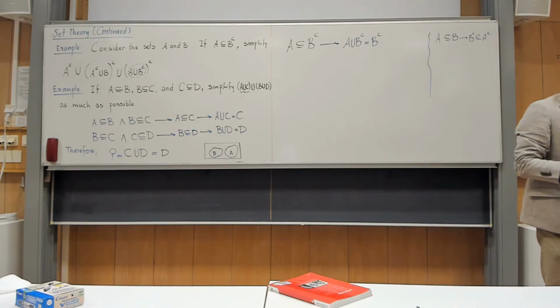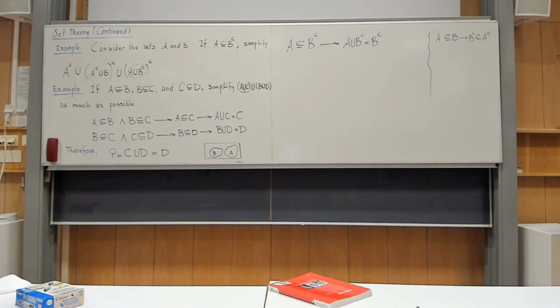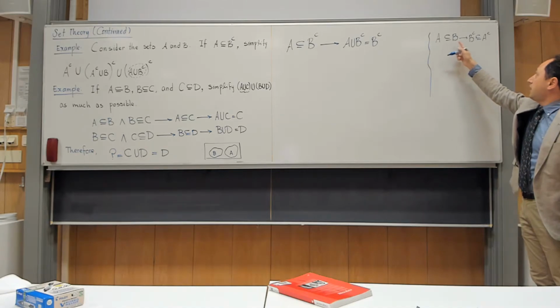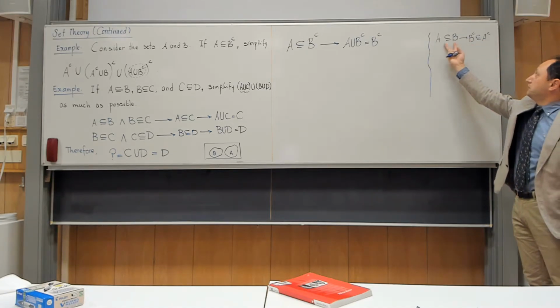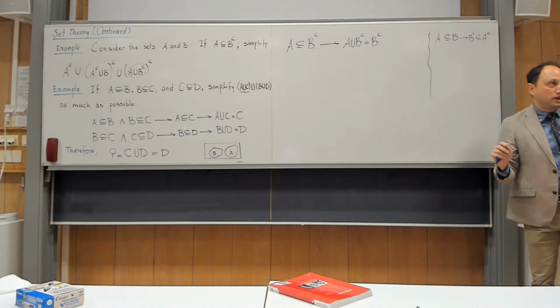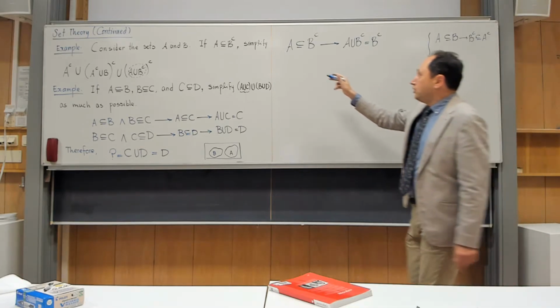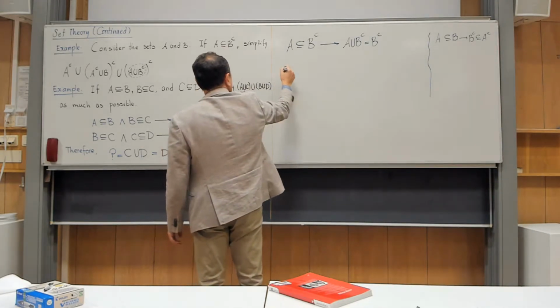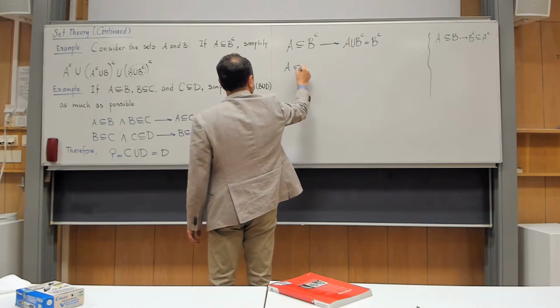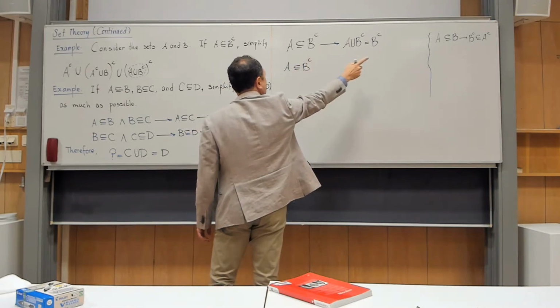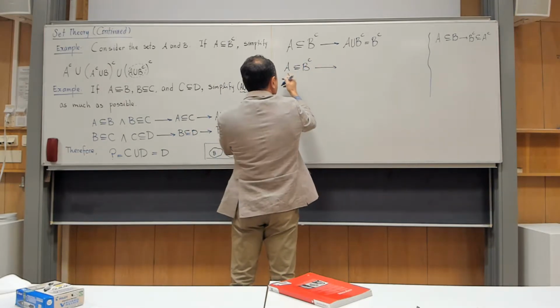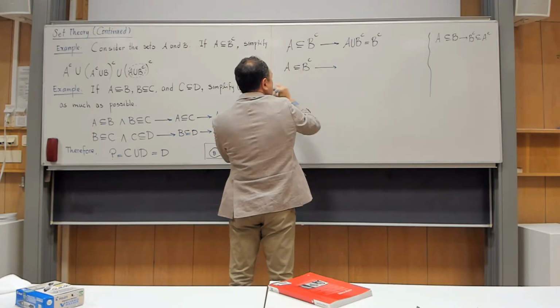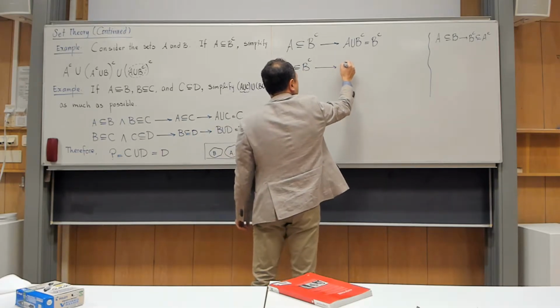If A is a subset of B and I want to take complement from both sides of this relation, I can do it, but I have to remember to swap these two. Now you are telling me that A is a subset of B complement. According to that rule, I want to take complements from both sides, but then I have to do it in this way.